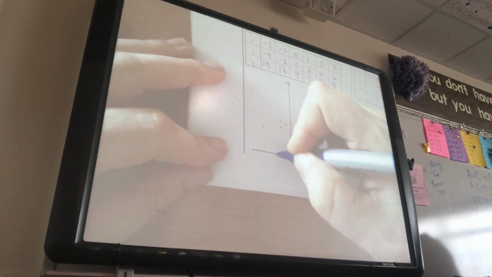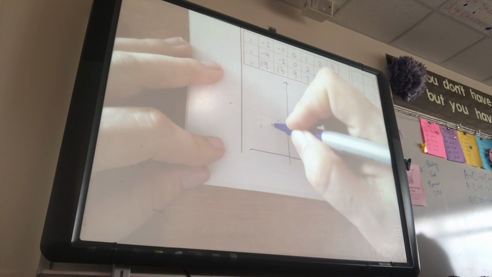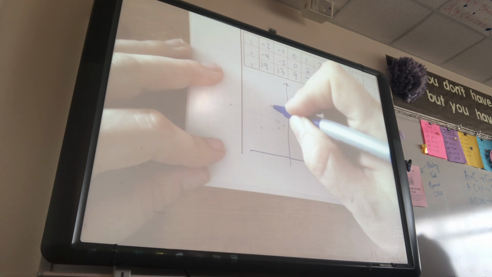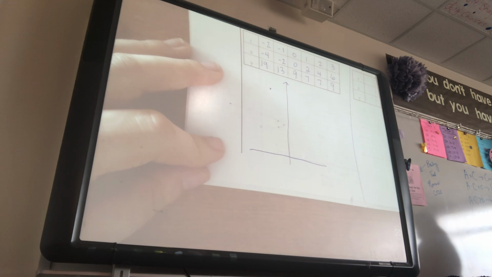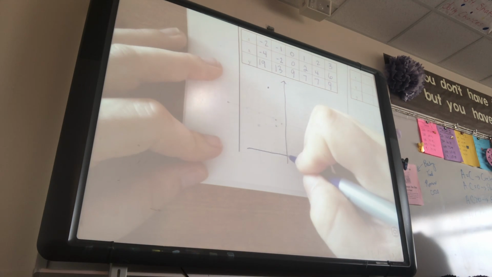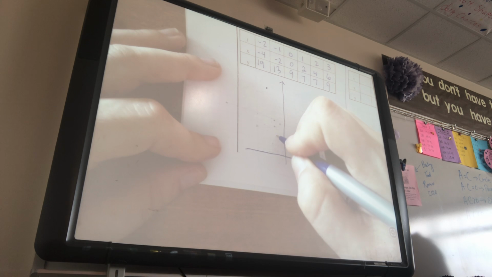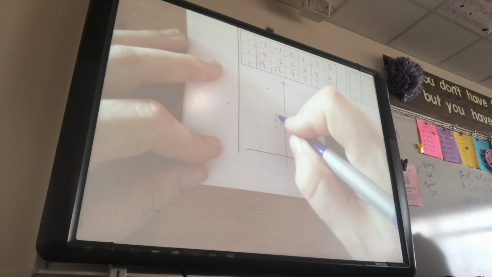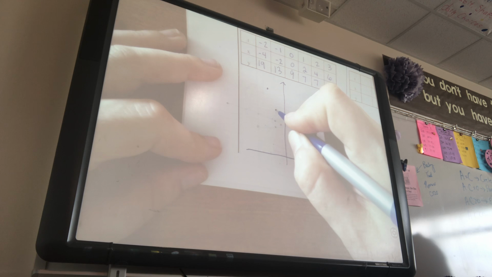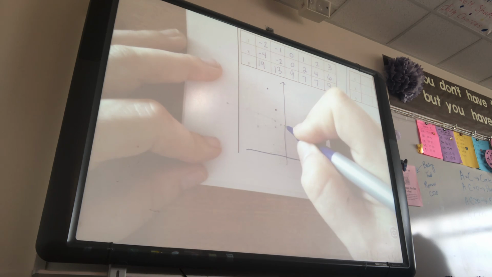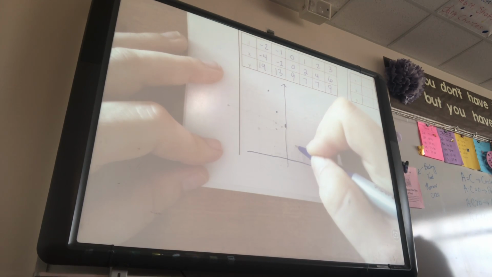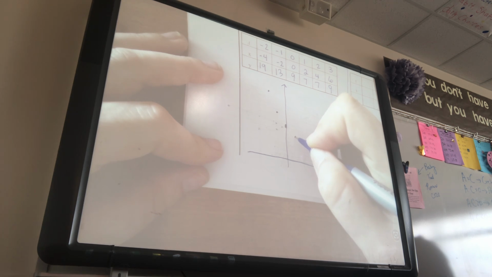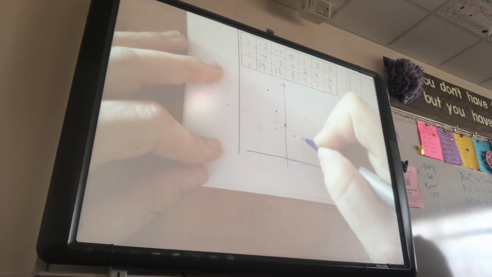Then -2, 13. Then 0, 9. Then 2, 7, 4, 7, and 6, 9.